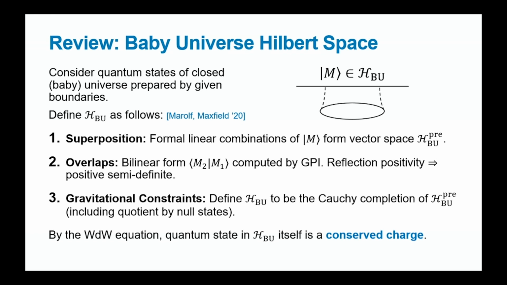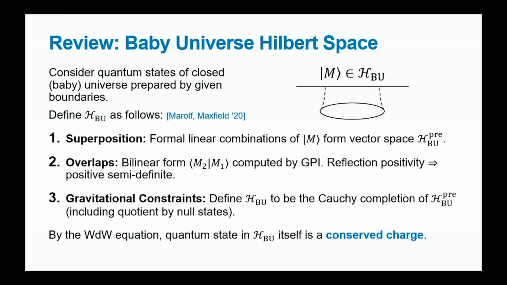I take formal complex linear combinations of the states prepared by given asymptotic boundaries, and these form some vector space. There's an inner product, or a bilinear form, on this vector space. This is computed by the gravitational path integral. Again, I'm assuming I can do it, and I can compute an amplitude.